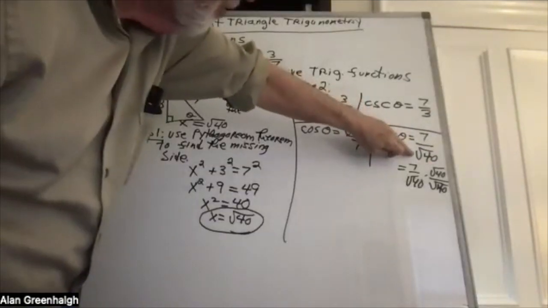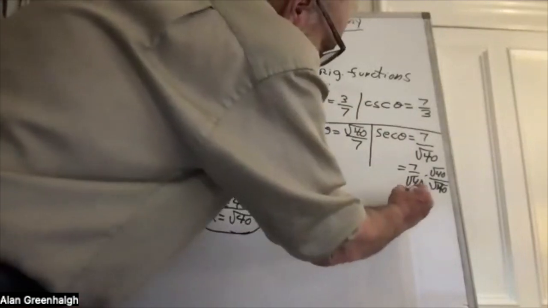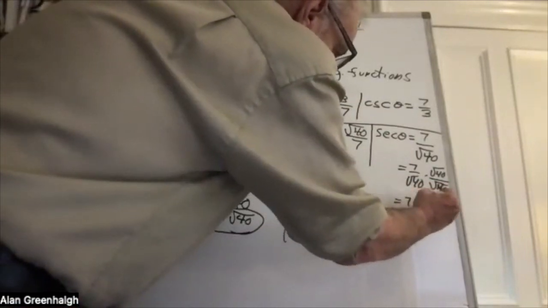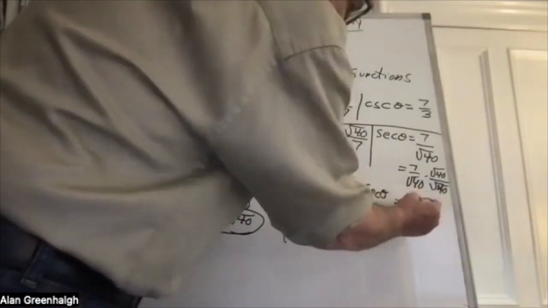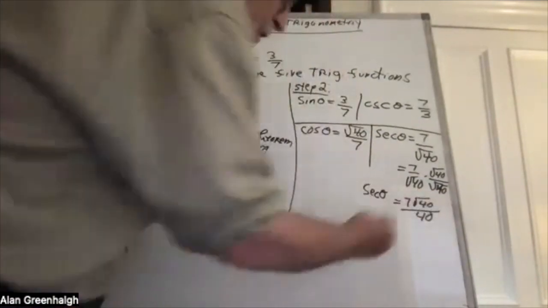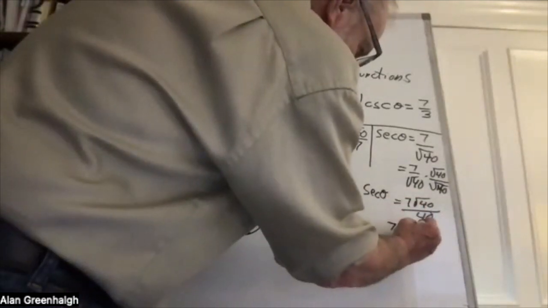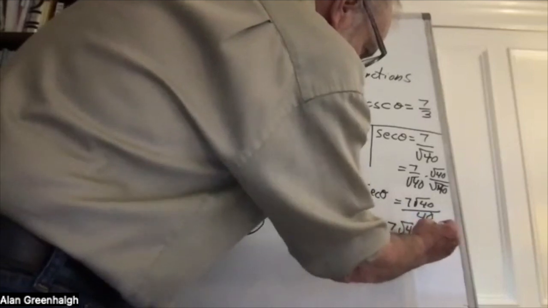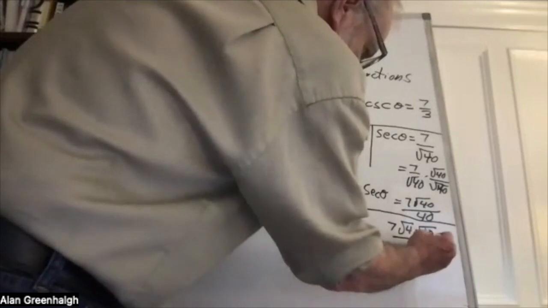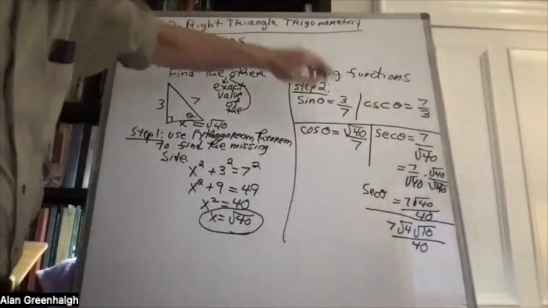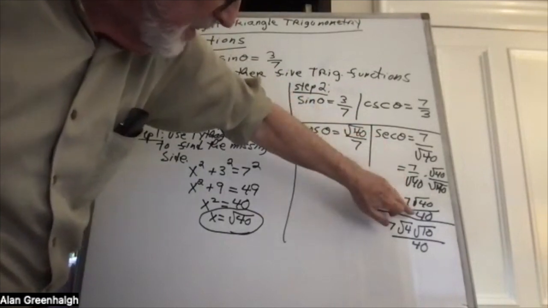This becomes 7 times the square root of 40 divided by 40. It's really 7 times the square root of 4 times the square root of 10 divided by 40. So first you rationalize the denominator, very nice.